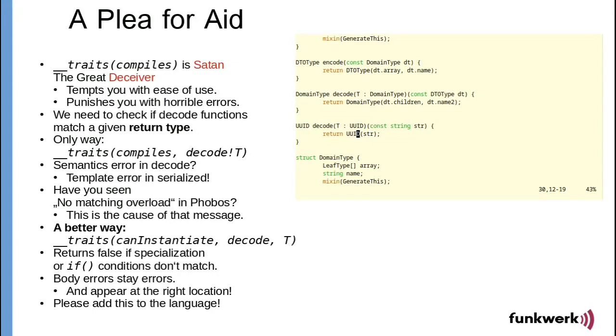what may happen is that if something that is valid code in one compiler version may become invalid code in a different one, or with a library update or a completely unrelated change, that happens to affect the function that you wrote inside of Decode. And with leaf types, this is not a problem, because you will still get an error at least. But the problem is, if we are using Decode to transform into domain types for structs in the middle of our type tree, then what may happen is that the decode may fail.